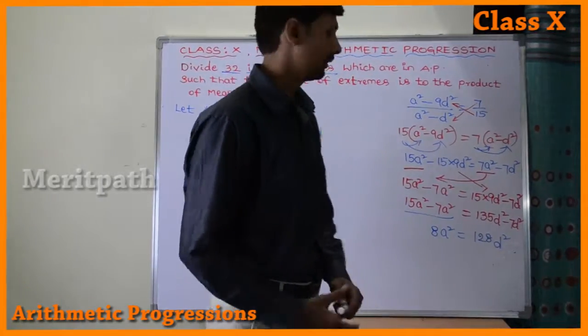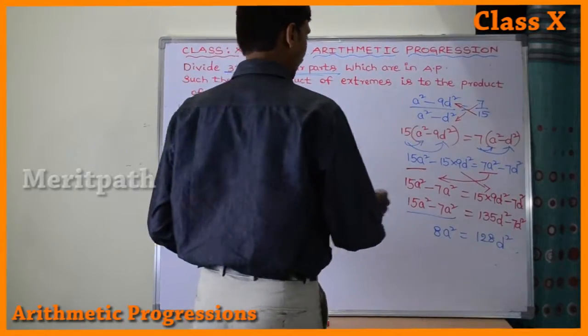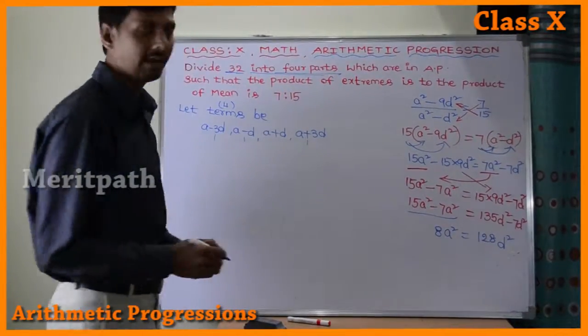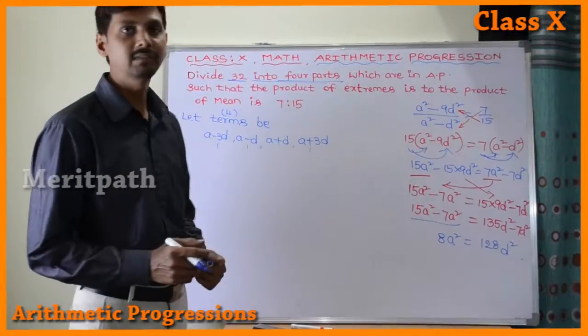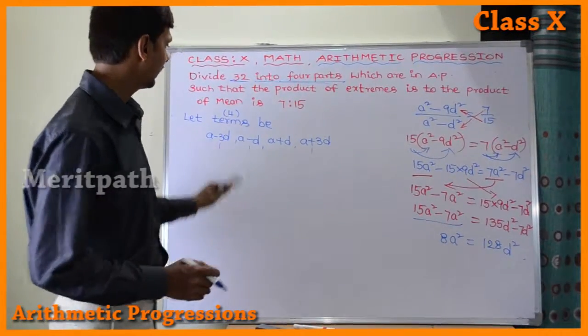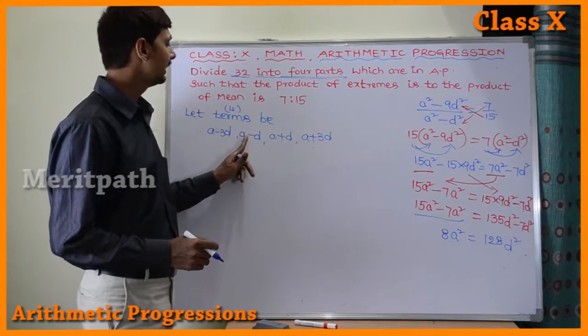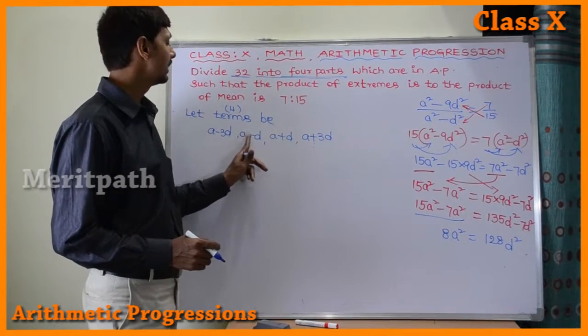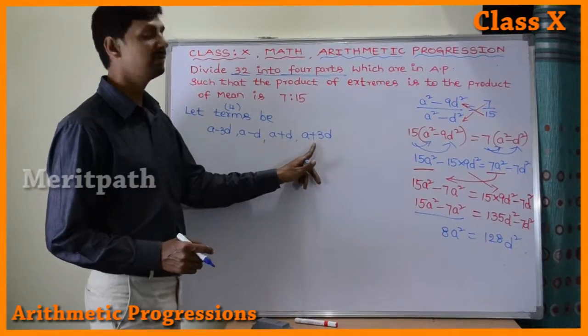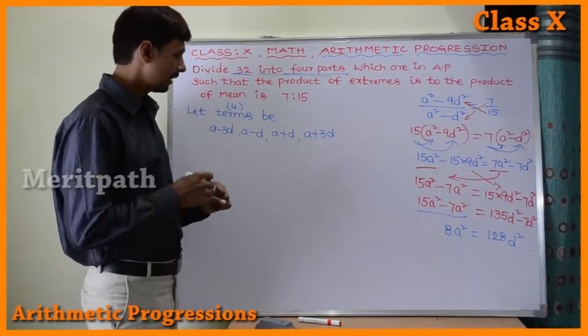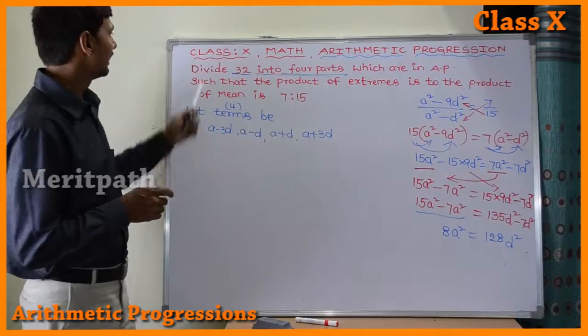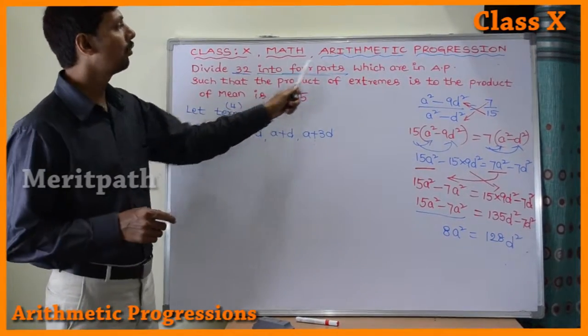There is a d square here. So here we need to find out the value of a and then we can find out the value of d. Previously we have taken the four terms as a minus 3d, a minus d, a plus d and a plus 3d. It is given that divide 32 into 4 parts.